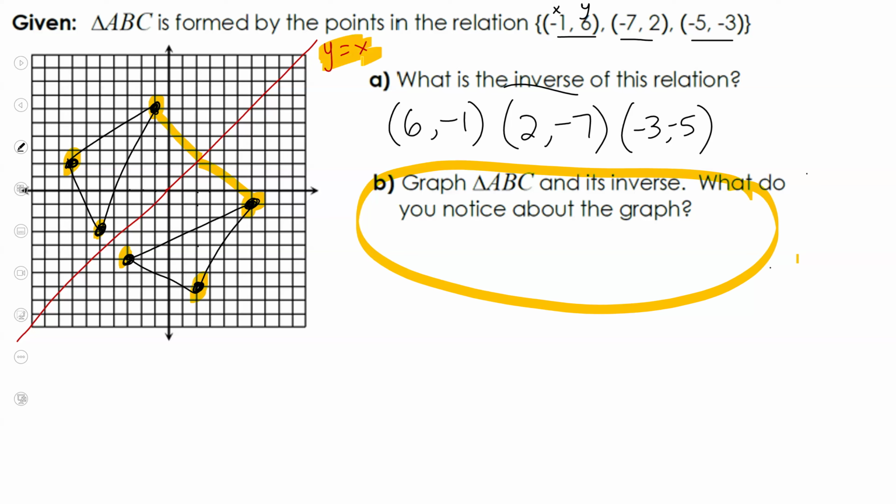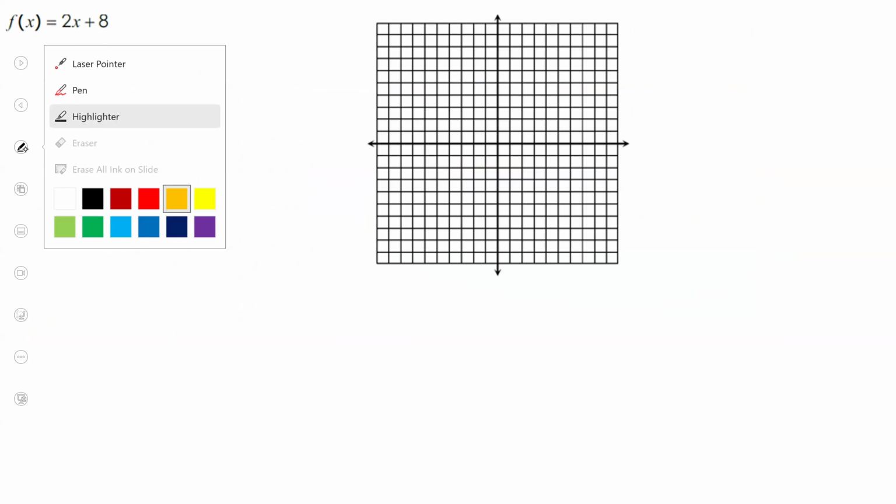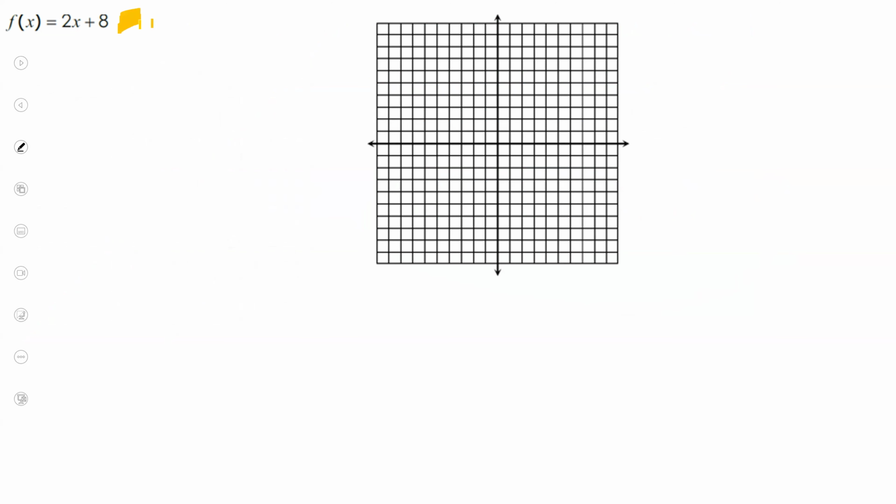So guys, what I want you to do is try to find the inverse of this line. Go ahead and graph this line and then graph the inverse. If you do it correctly, it should reflect across this diagonal line. So guys, go ahead on your paper, graph this line. This is the original line, and then graph the inverse.